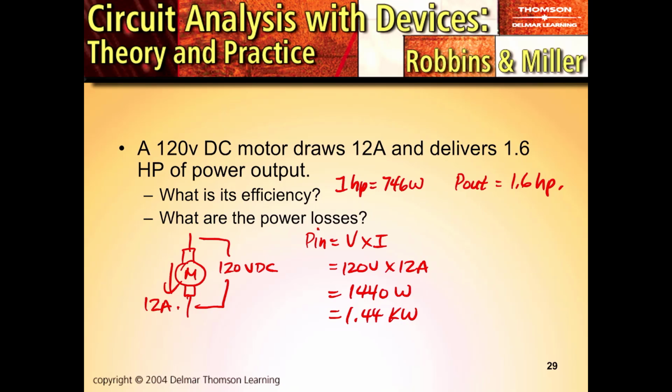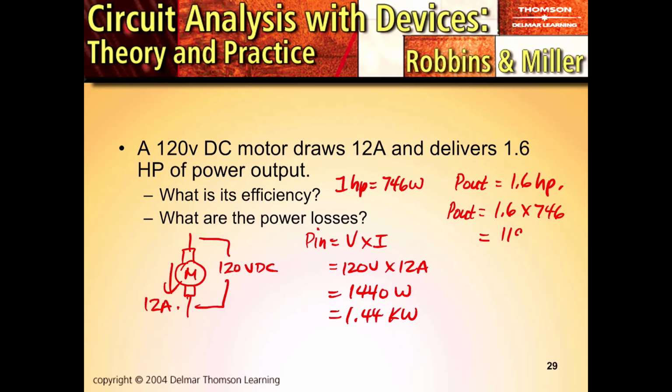So to convert P out to watts, P out equals 1.6 times 746. Okay, 1.6 times 746 equals 1194.